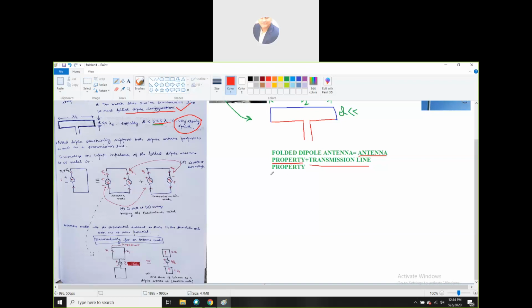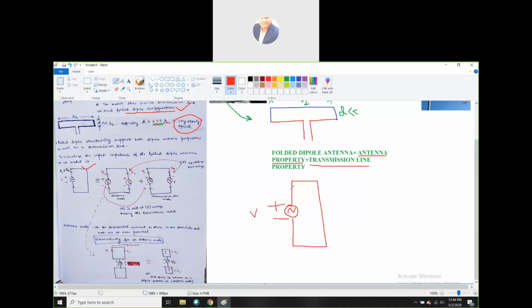Now, what is the mode? Let's look at this model. I have taken a transmission line with a voltage excitation source. This is our folded dipole, and this is the excitation, nothing special in that.